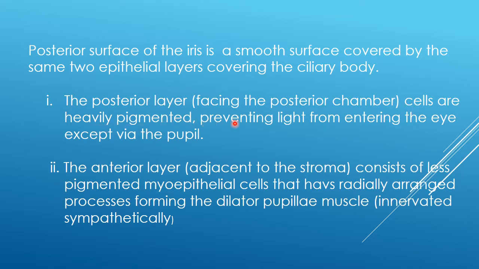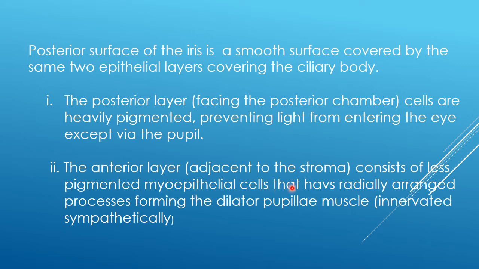So it prevents light from entering the eye except through the pupil. The anterior layer, which is adjacent to the stroma of the iris, consists of non-pigmented or very little pigmented cells. These are actually myoepithelial cells.